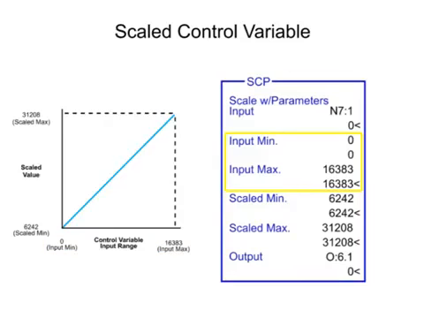The input value is then scaled between the ranges programmed in scaled minimum and scaled maximum parameters. Scaled minimum value is programmed as 6,242, representing the low end of the analog output module range. Scaled maximum value is programmed as 31,208, representing the high end of the analog output module range. The SCP output parameter is the file address of the analog output module.